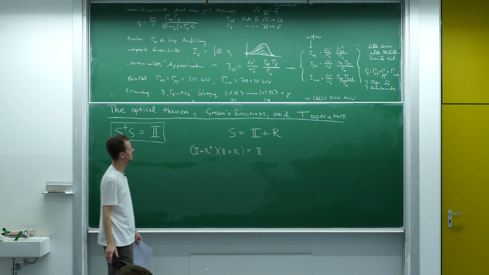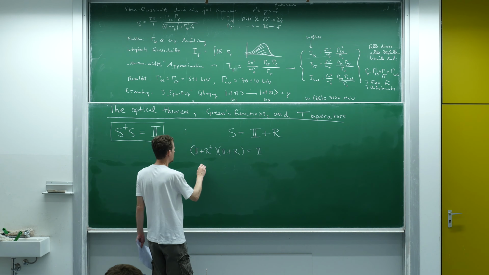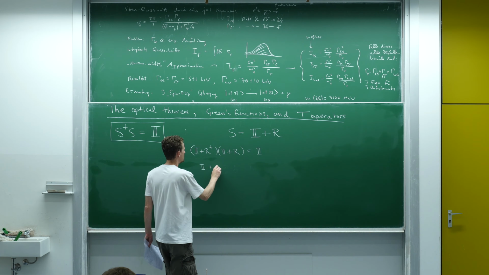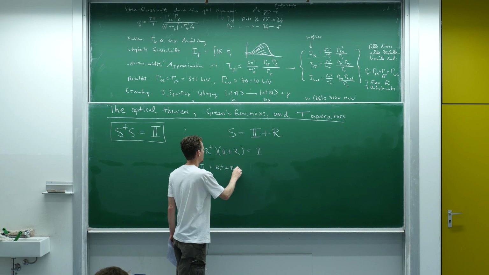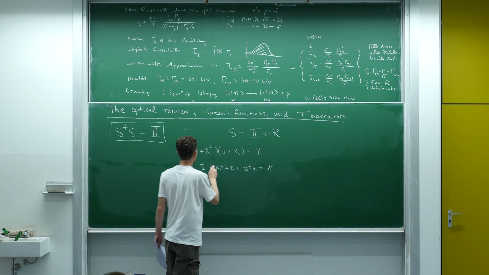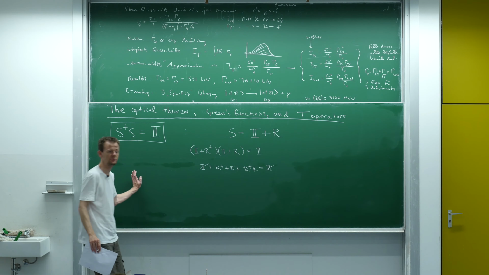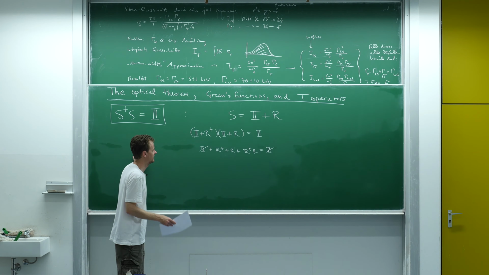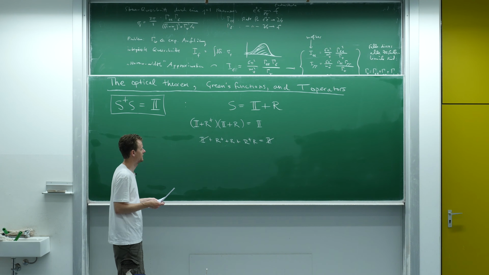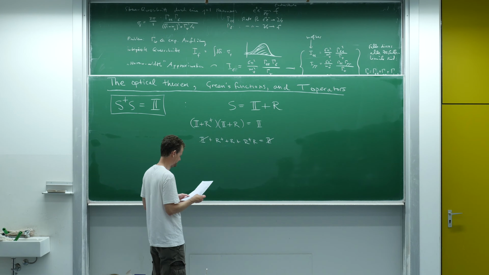Okay, but we can simplify that a bit. We can cancel off the identity from both sides, and we end up with this final equation here, which relates the sum of R and R dagger to the product of R dagger and R.